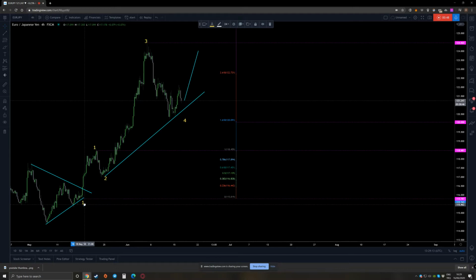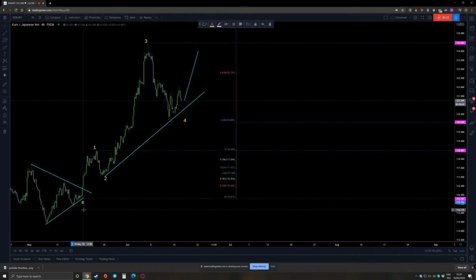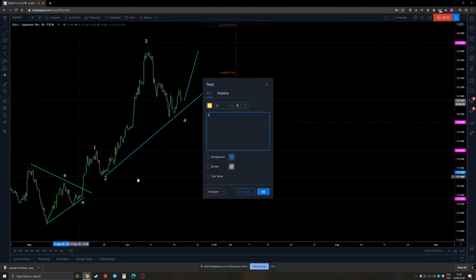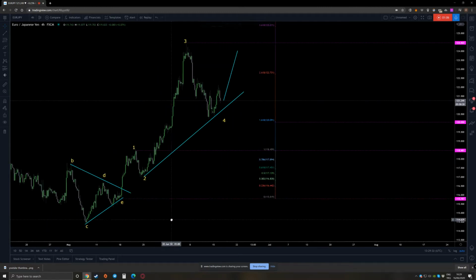Well, it ended with this degree here, with an E wave here, a wave D here, and a wave C here. This is a triangle with C and E baseline, and a B. Where's the A wave?